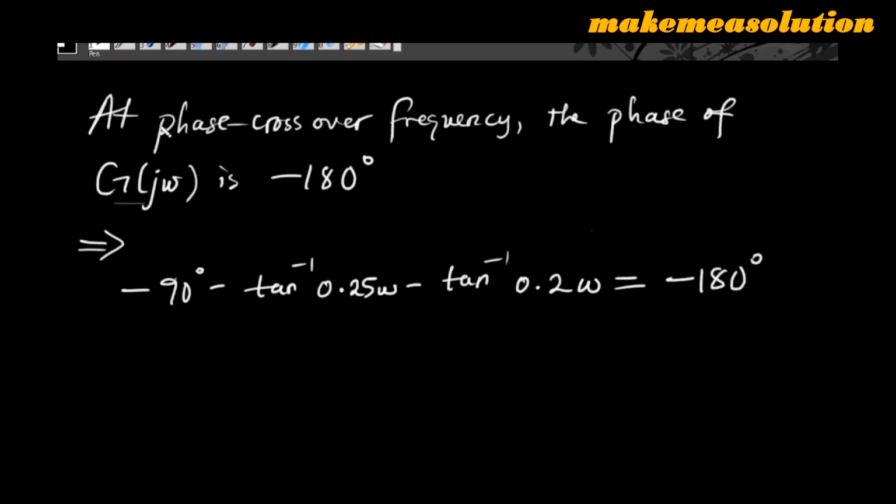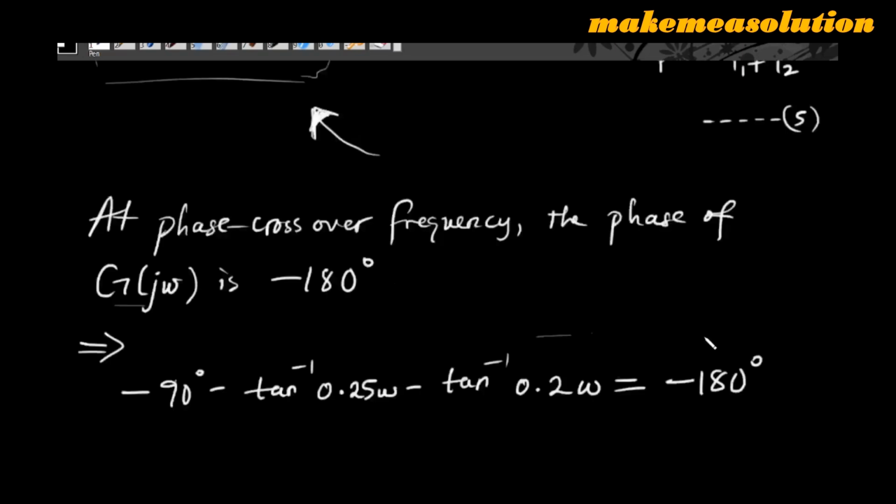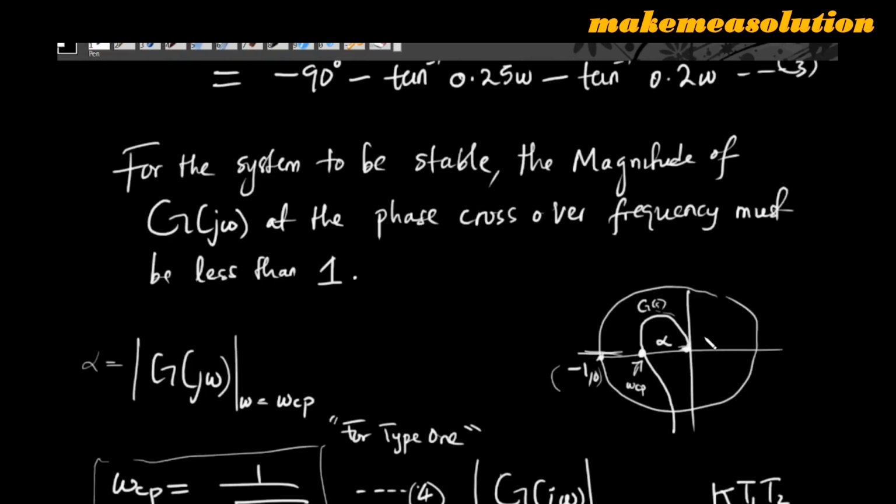So if we want to calculate the phase crossover frequency, we should set the phase of J of J omega equal to minus 180 degrees. Looking at this diagram, this line is the minus 180 degree line. At the phase crossover frequency you can see this point is lying on it.